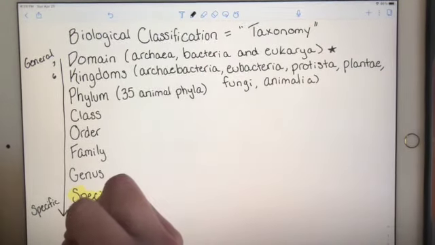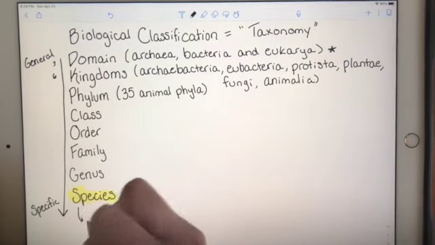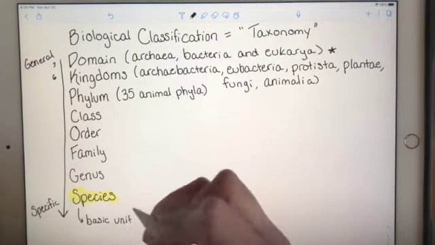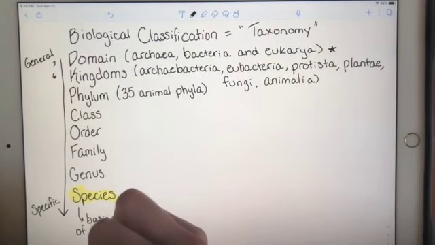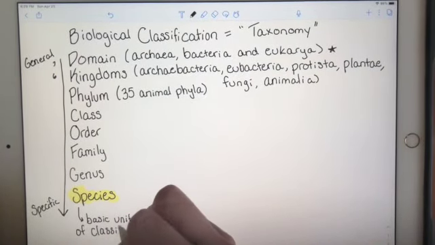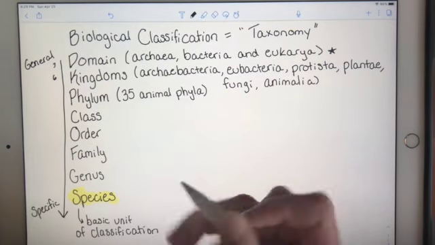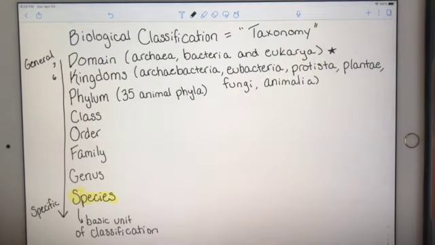Species are our basic unit of classification. That's as small as we can get. So we can't break down our species into more specific groups. Once you get to species, you're good to go.